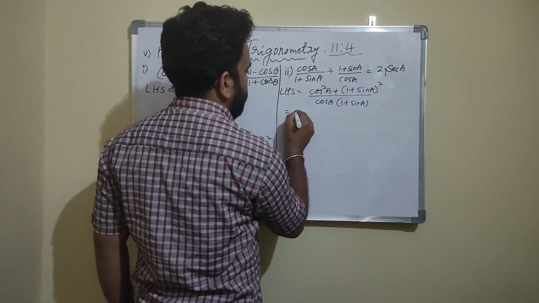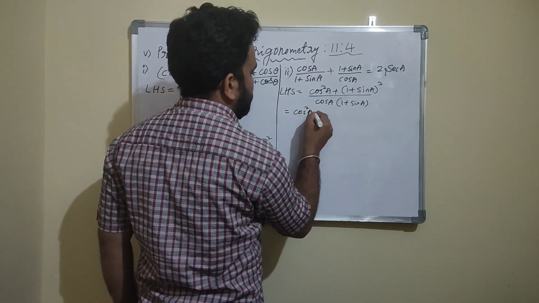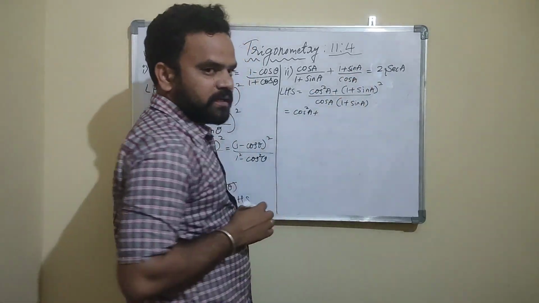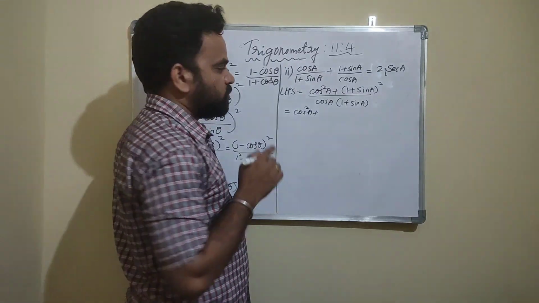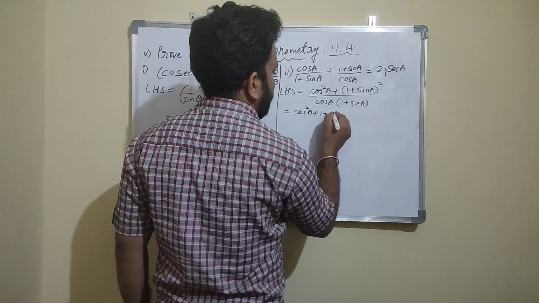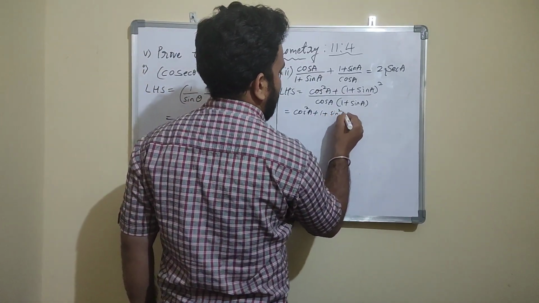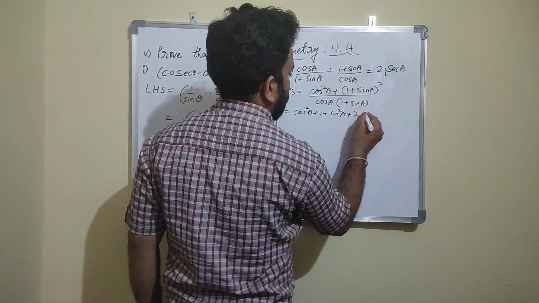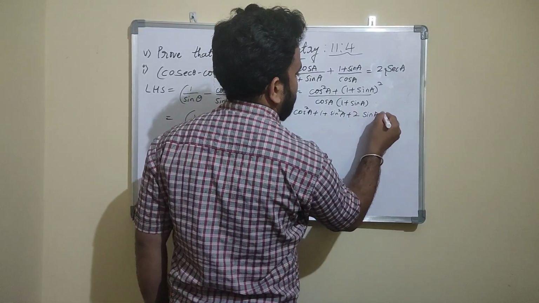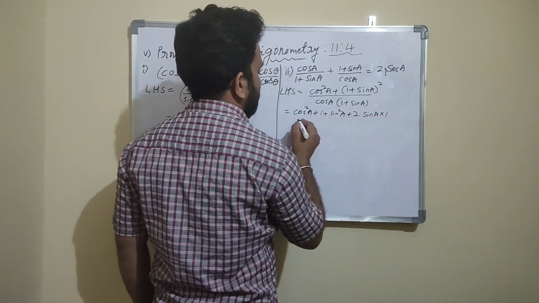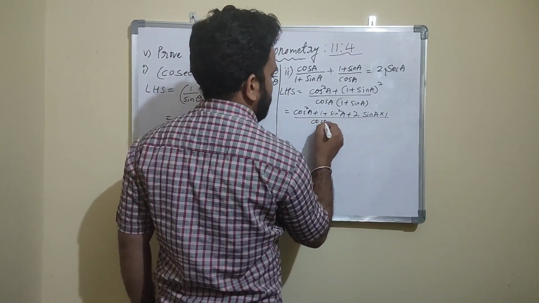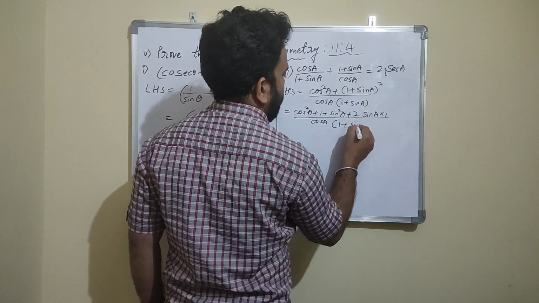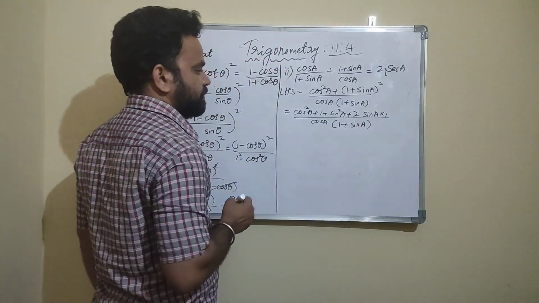So what we can do now, cos square A as it is, plus here A plus B whole square formula I use. A plus B whole square is A square plus B square plus 2AB, that is 1 square plus sin square A plus 2 into sin A into 1, 2AB or 2 into sin A we can write directly. Divided here remaining is cos A into (1 plus sin A) as it is, right?